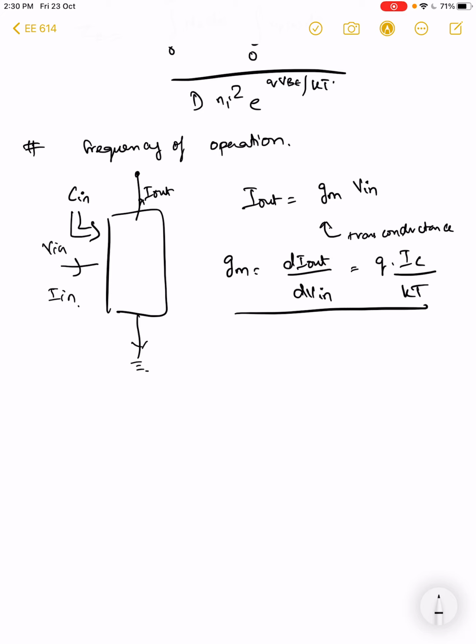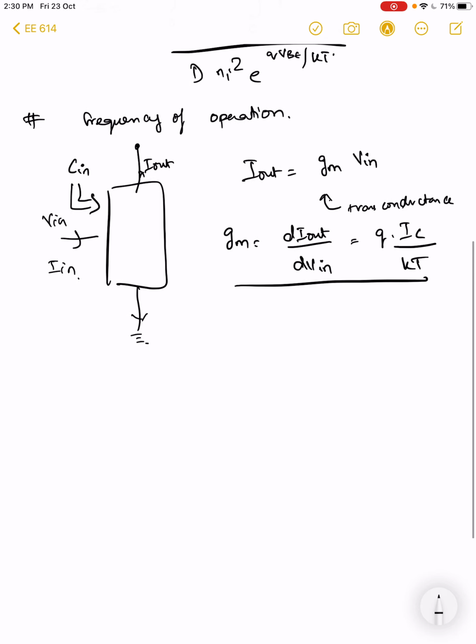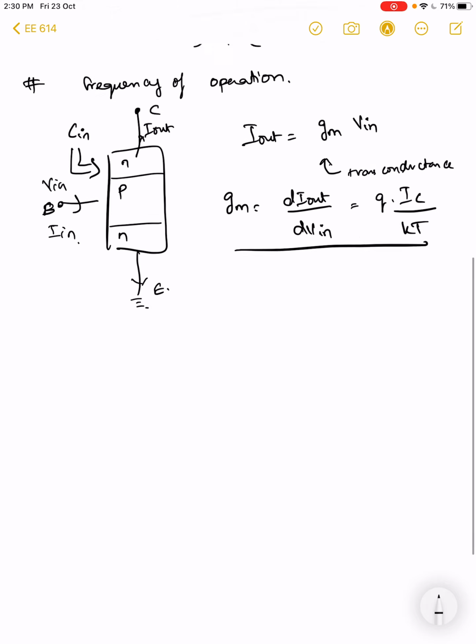So there exists a capacitance in this particular device, and let's look at what are all the capacitances that are possible. So let's say that we are going to draw this in an NPN format. You have a collector, you have an emitter, and you have a base, right?